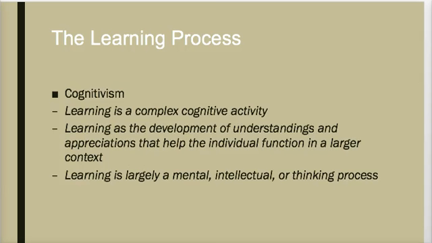Cognitivism: a learner's perceptions are influenced by personal characteristics and experiences. Social, emotional, and physical contexts affect learning. Developmental readiness and individual readiness are other key factors. Major cognitive theorists include Piaget.